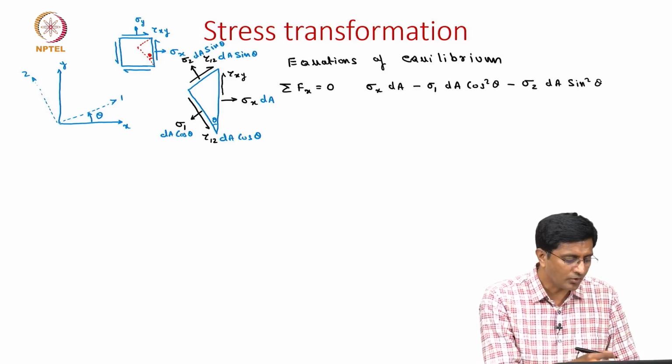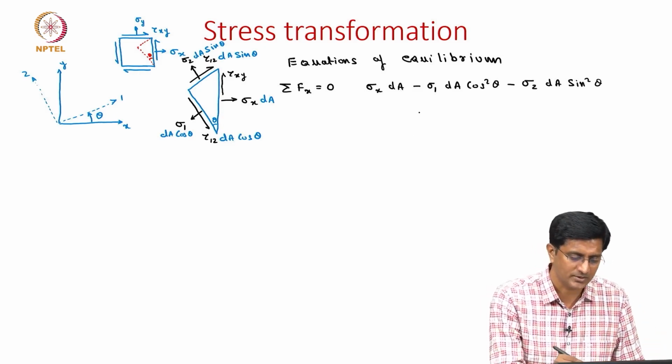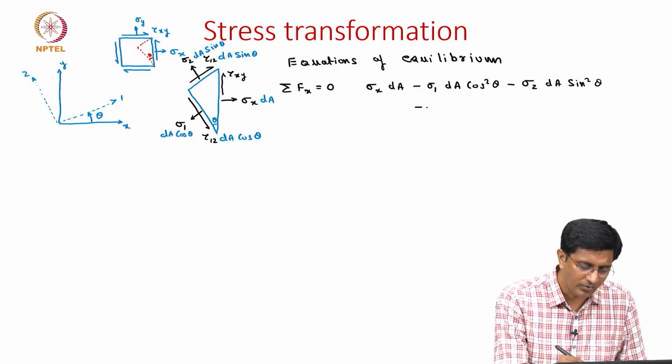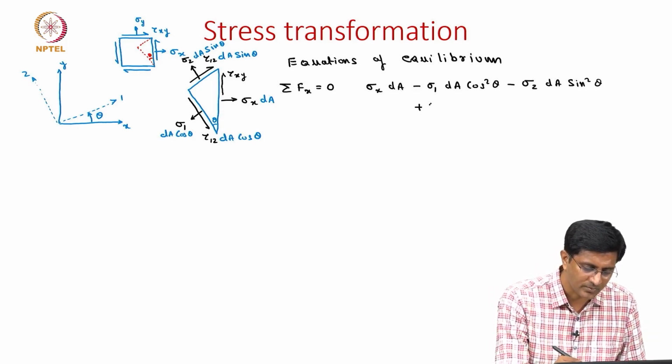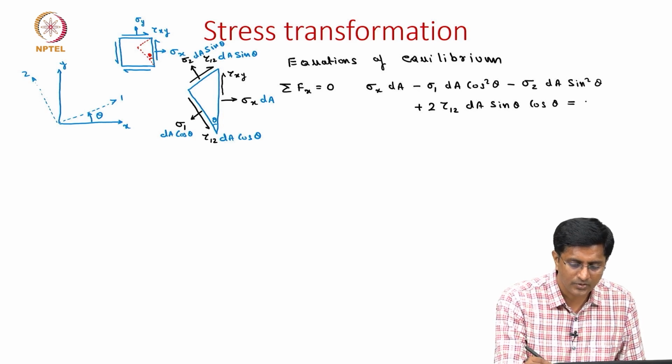And we also have contributions coming from the shear forces, especially on the inclined faces, and both will be the same amount. So, we will have plus 2 times tau 12 dA times sin theta cos theta, all going to 0.